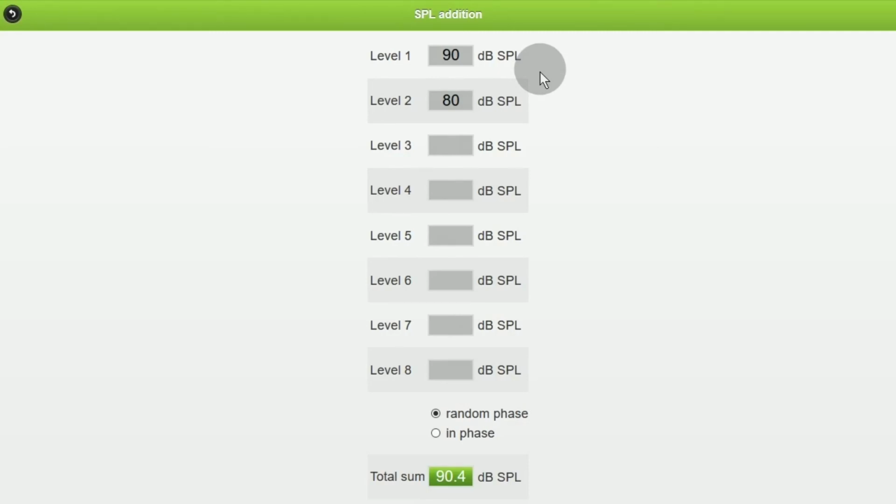Here we can see, for instance, that if we have two dB SPLs spaced by 10 dB, if the phase option is at random phase, then the end result is pretty much the largest SPL we had to begin with. Whereas if we switch to in phase, now it's relatively significant.